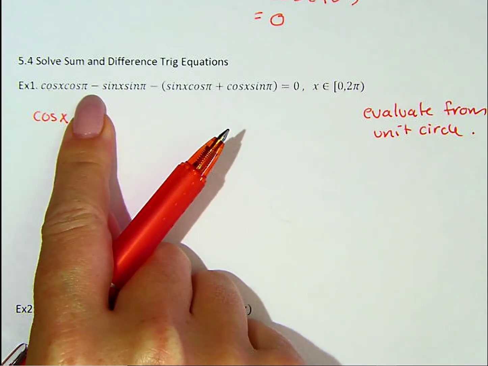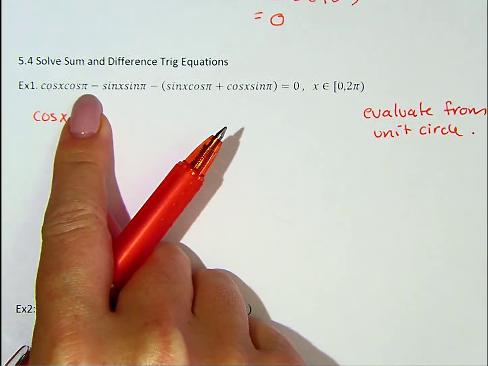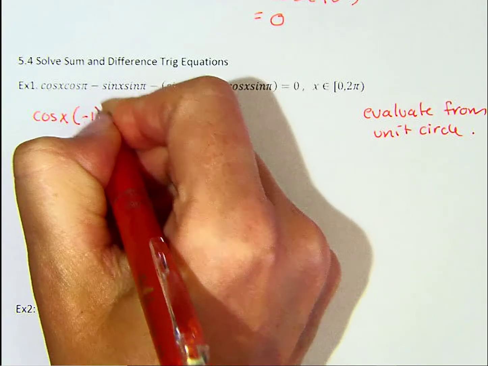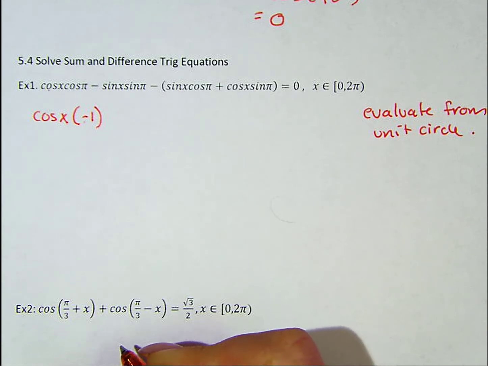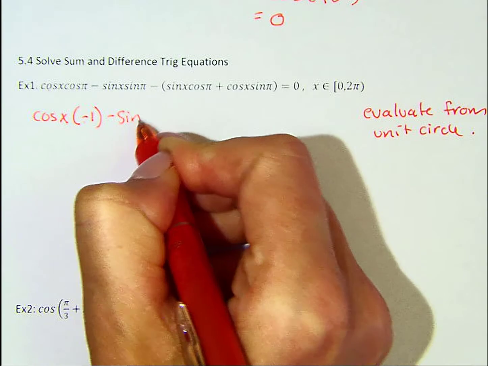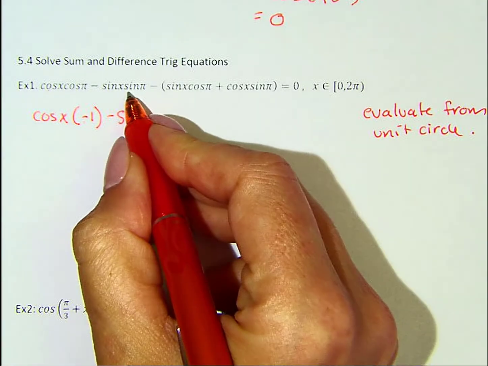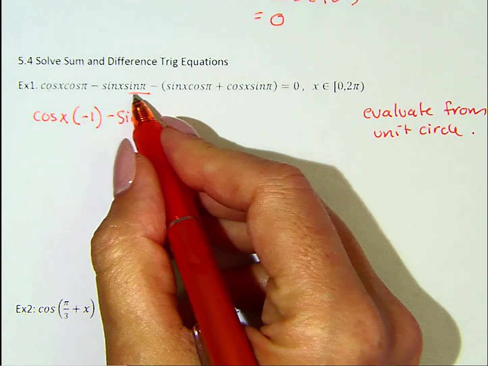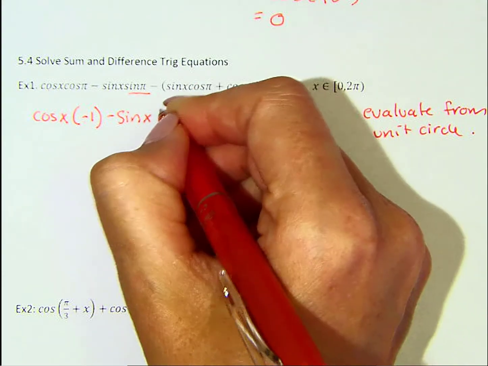Cosine pi, so I go to the angle of pi, and then I look at what is the cosine, so what is the x value there? It's -1. Then sine x is going to stay, because that doesn't have an actual angle. Sine pi, we go to the angle of pi. What is the y value? It's 0.